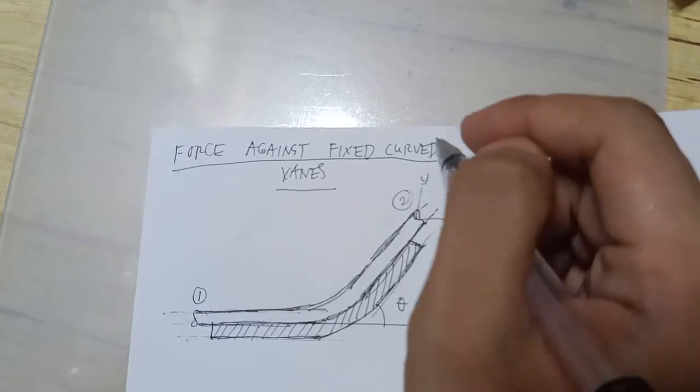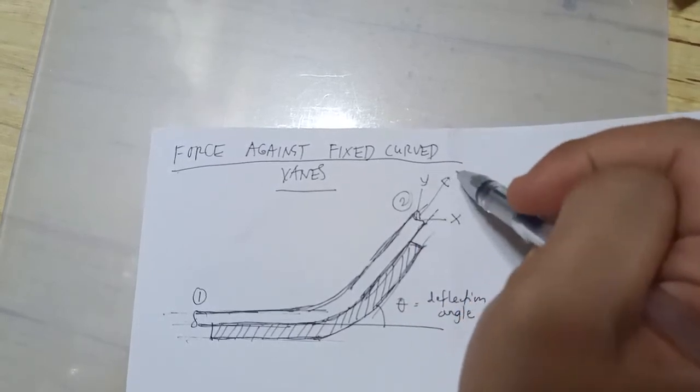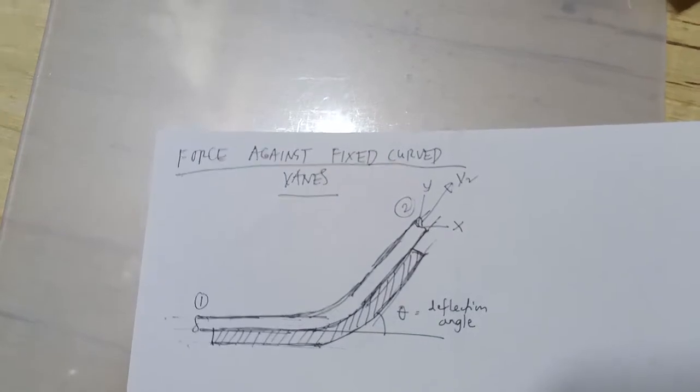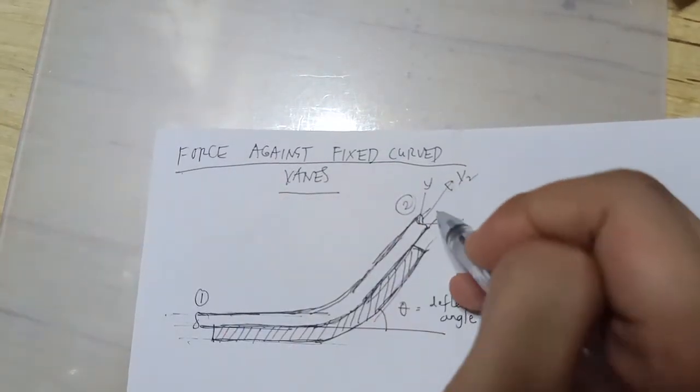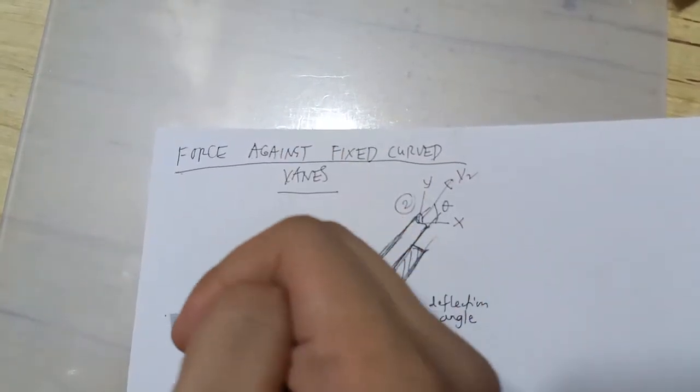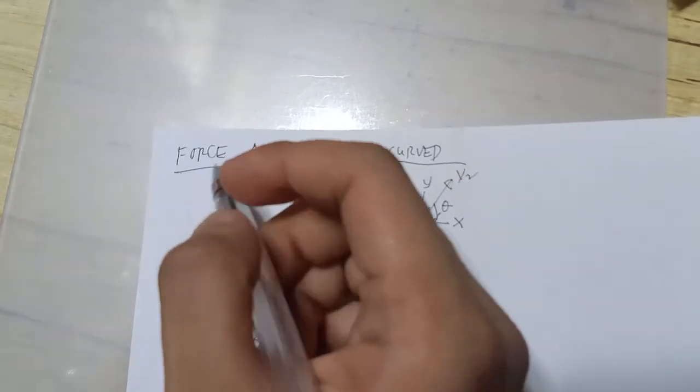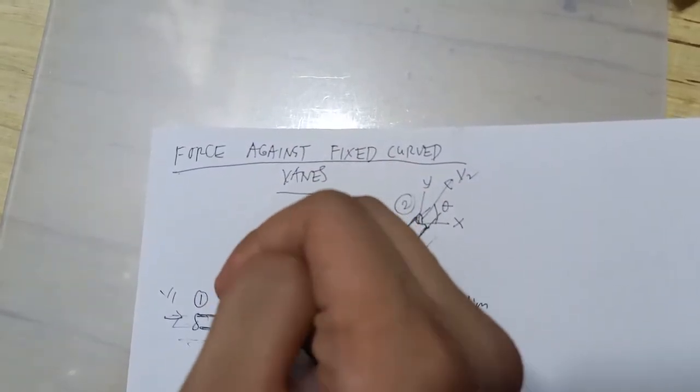So y, x, velocity 2. So deflection din dito. Velocity 1 here. And again, this is a jet.